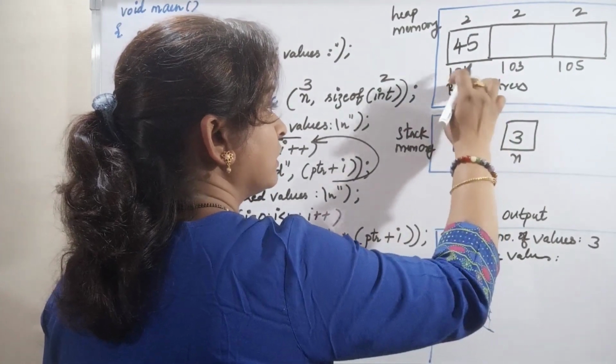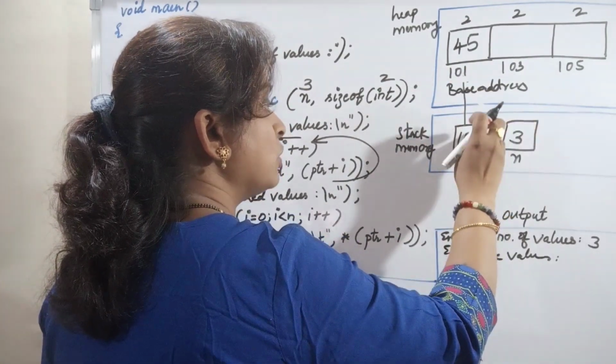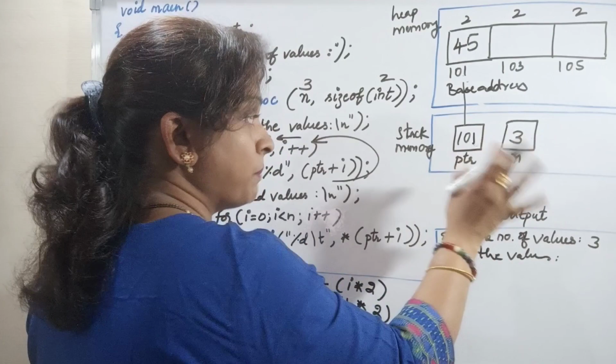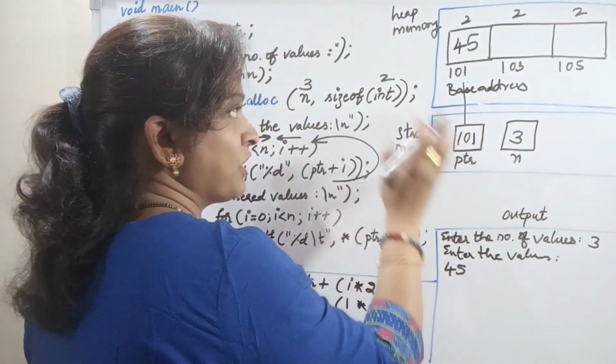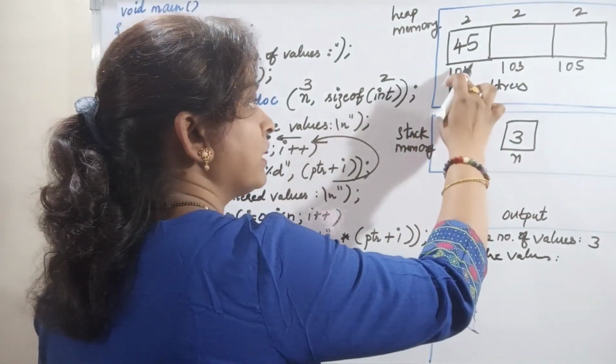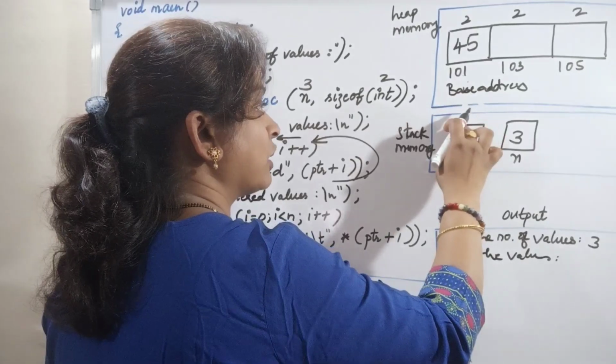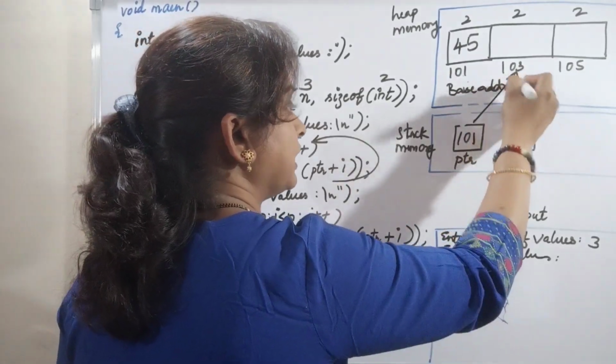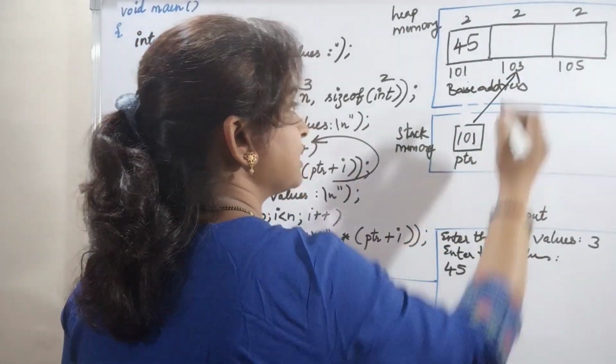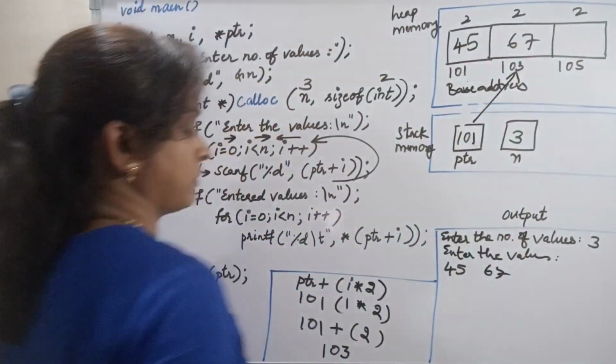So again, actual PTR value will be 101 itself as base address. PTR always points to base address. Now it gets pointed to the location 103. So I'll just enter 67. So that value will be stored here.